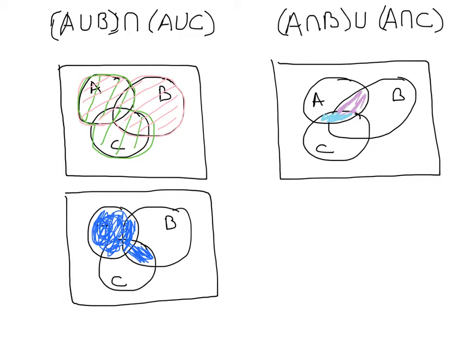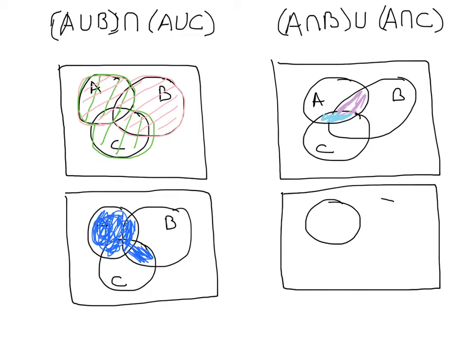So if I were to draw another Venn diagram and take the union of those two things, you should be able to see it right here. But if you can't, let me draw another Venn diagram. What you see is this shaded area with this shaded area thrown together.